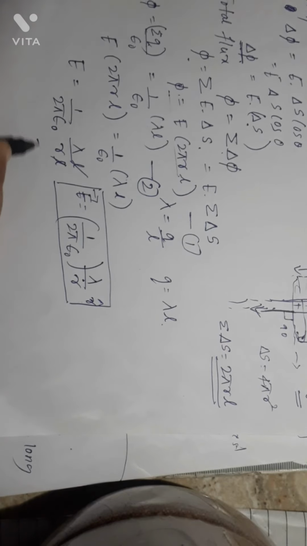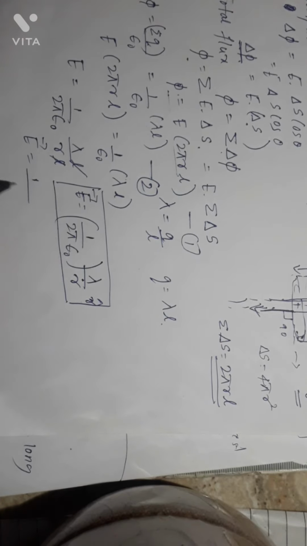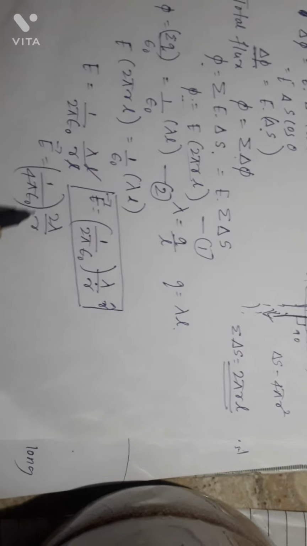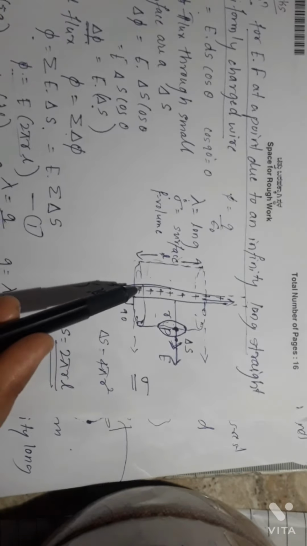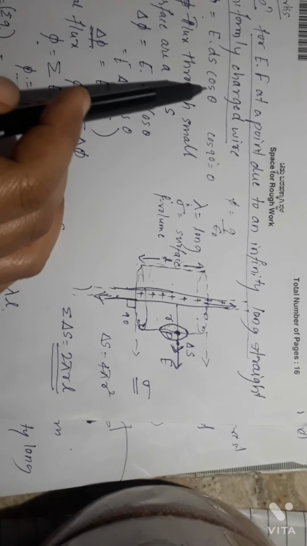You may also write this equation as E equal to 1 by 4 pi epsilon naught into 2 lambda by r, multiplying by 2 in numerator and denominator. This is also the equation for the long straight conducting wire. This is the fifth application of the Gauss law derivation.